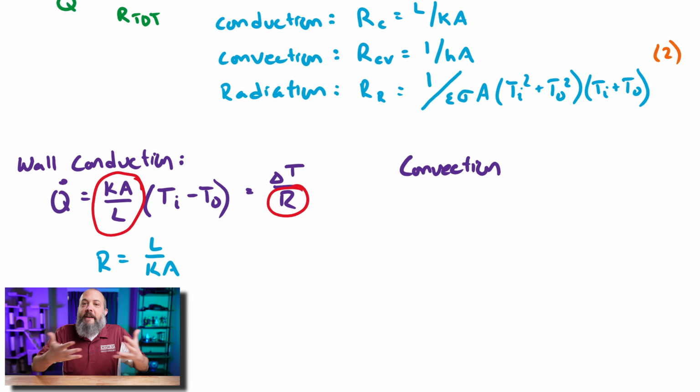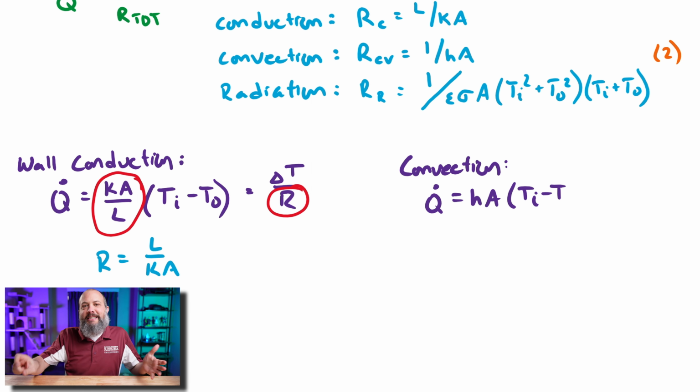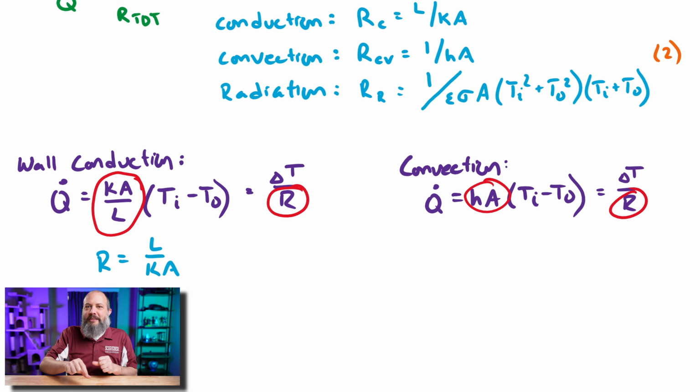So your regular convection equation, Q = HA delta T, right? We've got really easily Q and delta T are already kind of there. So 1 over R is the HA, it's the everything else in your equation. And rearrange that, you get that the R for convection, thermal resistance for convection, is just going to be 1 over HA. It's all the other stuff in your heat transfer equation for convection.